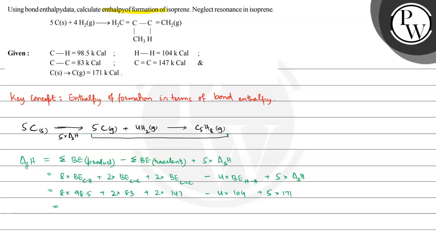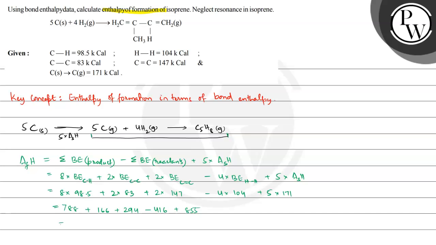and altogether this is equal to 788 plus 2 multiplied by 83, that is 166, plus 2 multiplied by 147, that is 294, minus 4 multiplied by 104, that is 416, plus 5 multiplied by 171, that is 855.